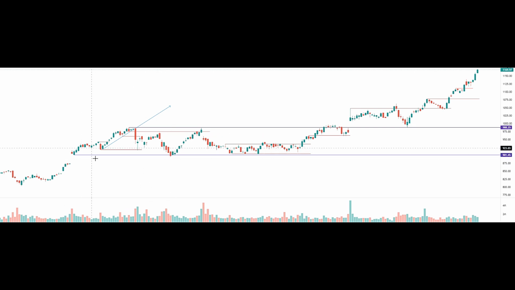I would be hesitant to buy immediately at this support, as my stop loss will be very big at this point, because this is support area, and if we want to buy at this point when this candle is falling, our stop loss will be here or at least here.